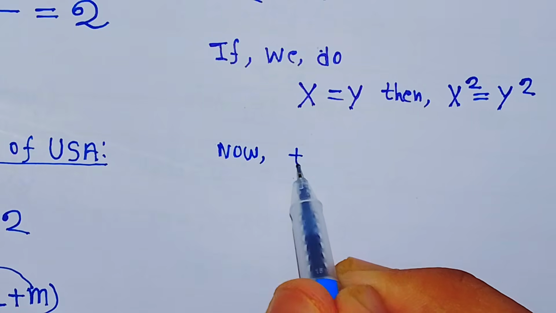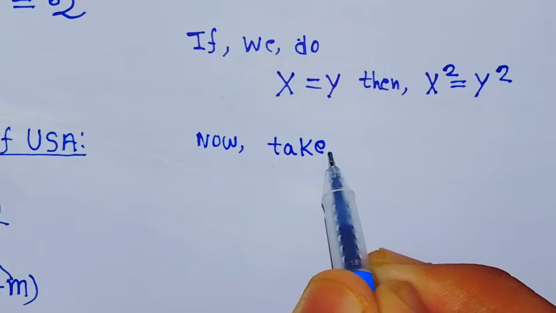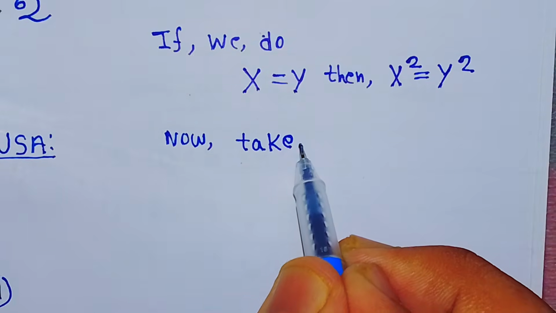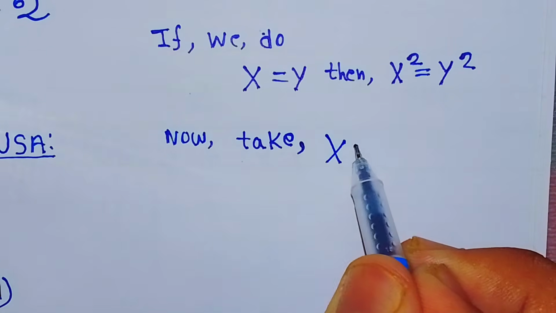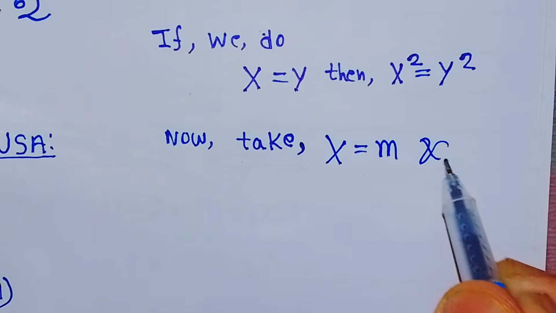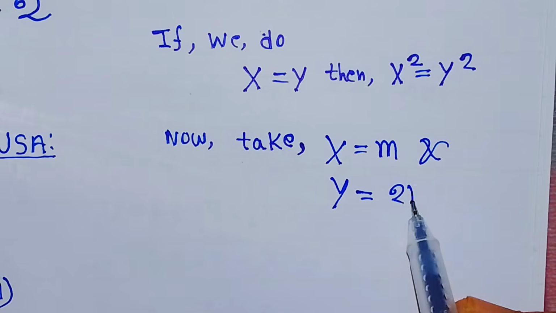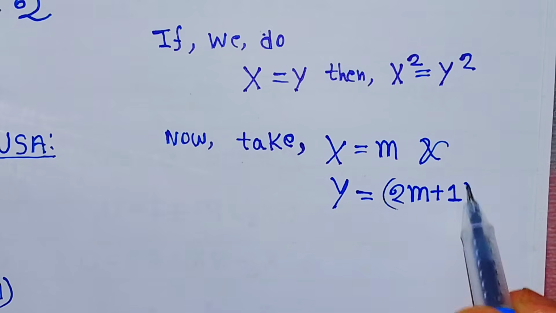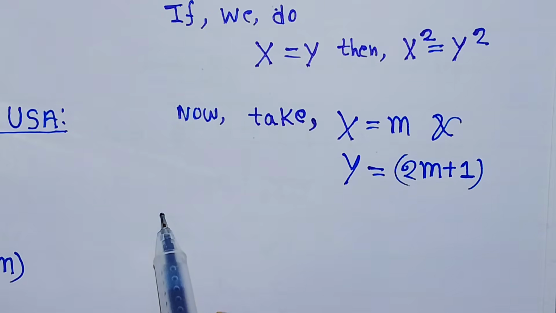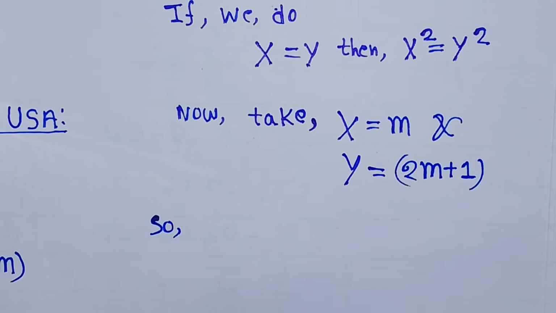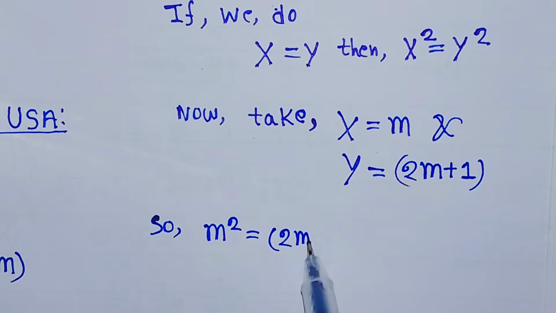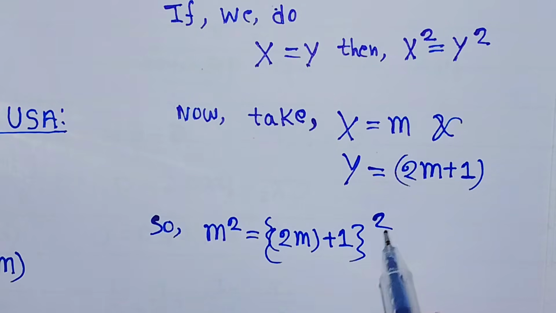If we take x is equal to y, then if we square this, it is still equal, right? So now we are taking x as the value of m and y as the value of (2m + 1). All done perfectly. After that, kindly look here, we'll get m squared is equal to (2m + 1) whole squared.